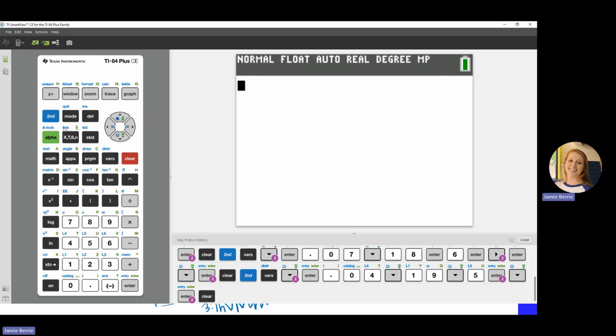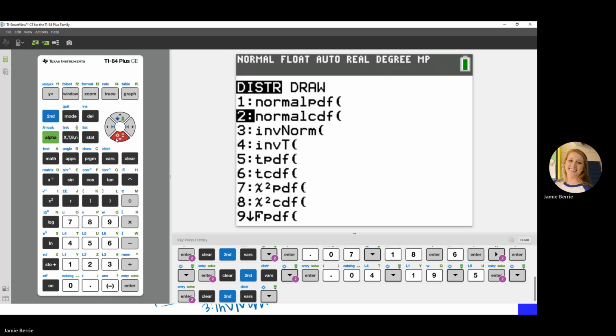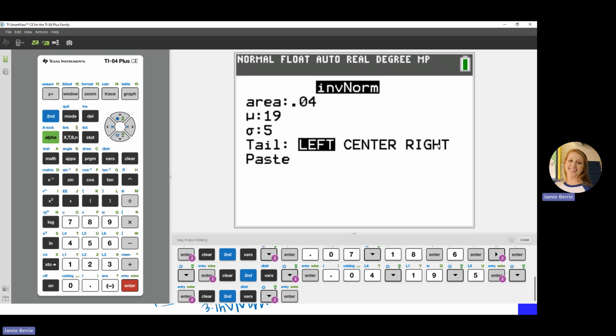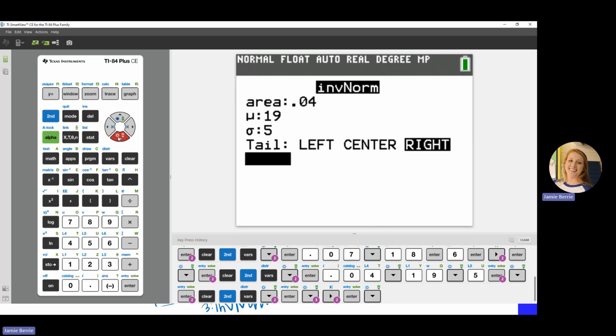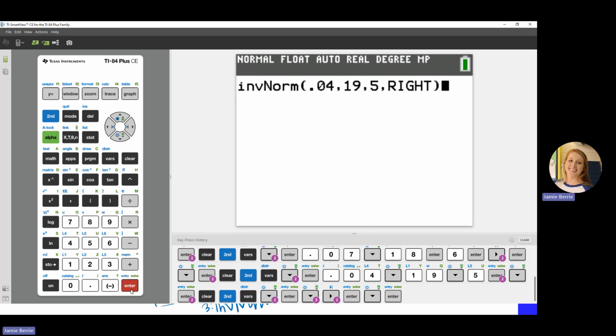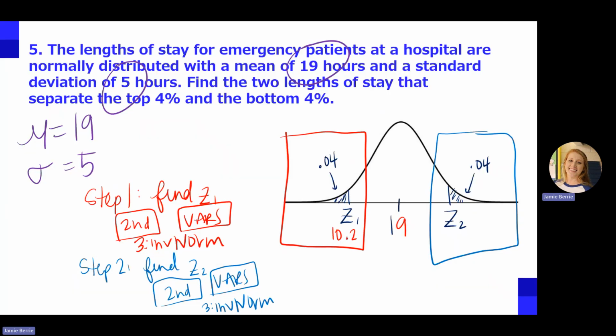Everything stays the same except this time we're going to shade the right tail. The area under the curve stays the same, the mean stays the same, the standard deviation stays the same. We're just changing to the right tail. Paste that, and there we go, 27.8.